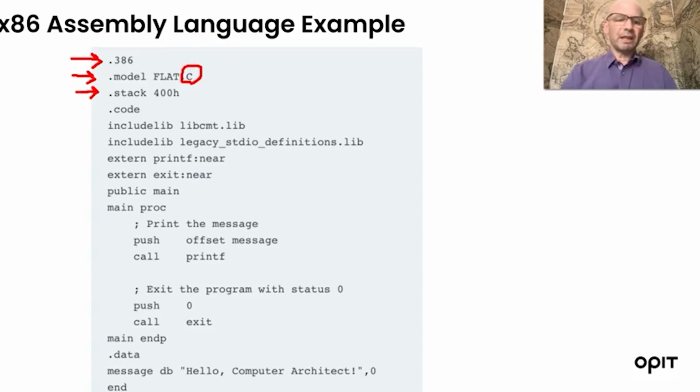The code directive indicates the start of executable code. And then these next 4 lines here are libraries. Okay, what are libraries? Hopefully you're learning about that in your programming language course. So we can reference system-provided libraries and the functions that are part of those libraries that we can then use in our code.